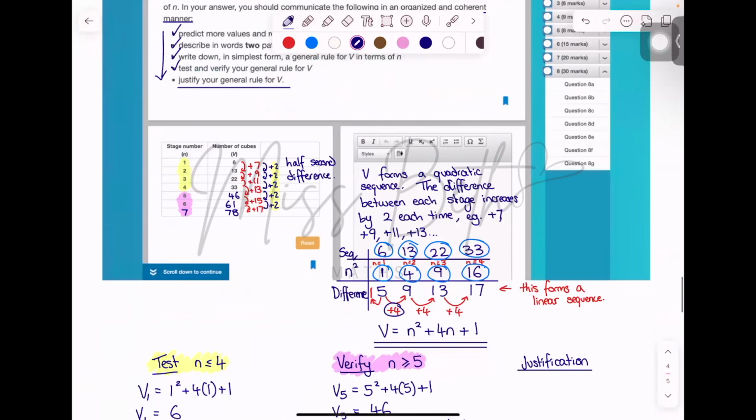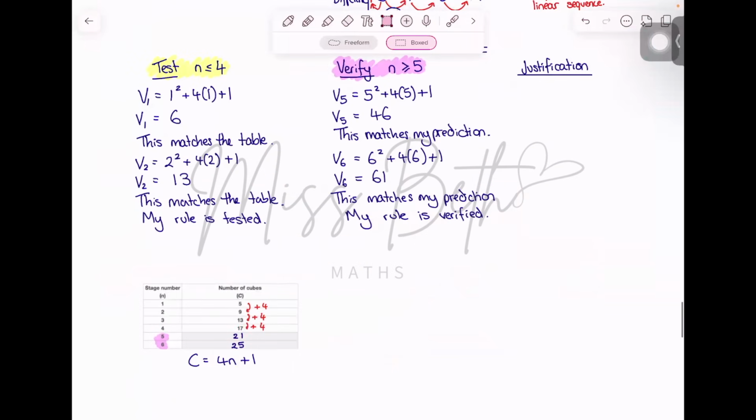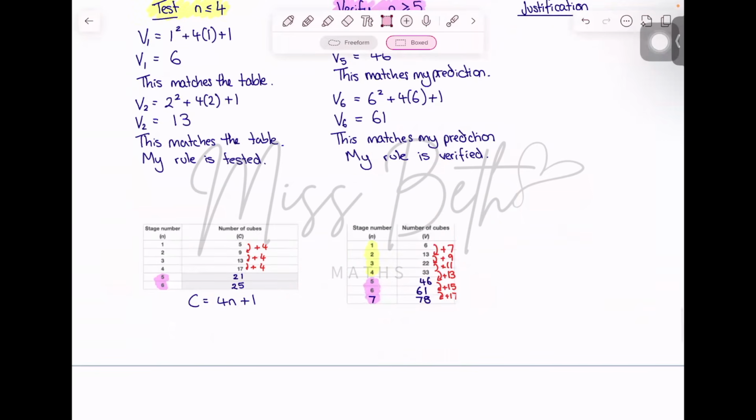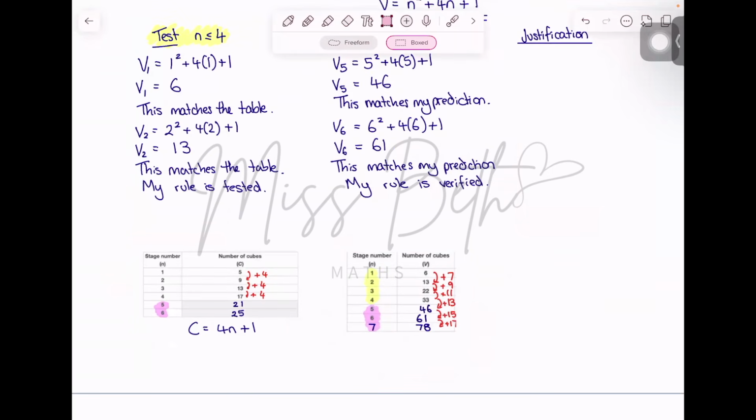Here we have our volume sequence. So let me copy that. What we want to notice here really is the difference between them, and how we get from one to the other.